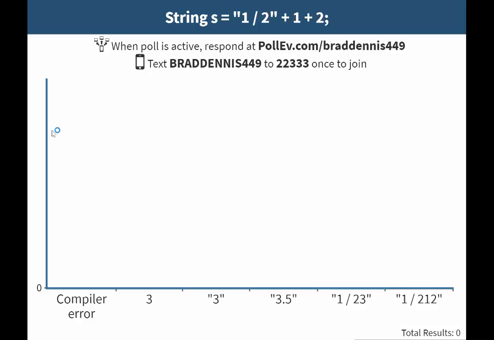A little unsure. So it won't be a compiler error because you can do addition. And this segues into a later topic that we're going to talk about today or tomorrow in lab. What happens is the runtime of the compiler says, okay, we're dealing with incompatible types, so I'm going to change them. In this case, since the string is the first thing it encounters, it'll change these to string 3.